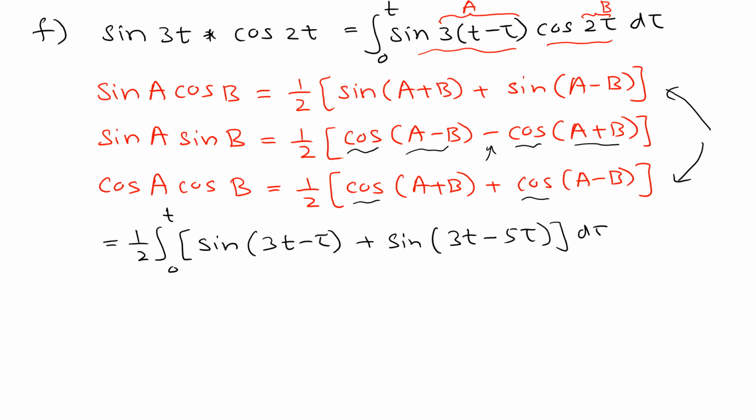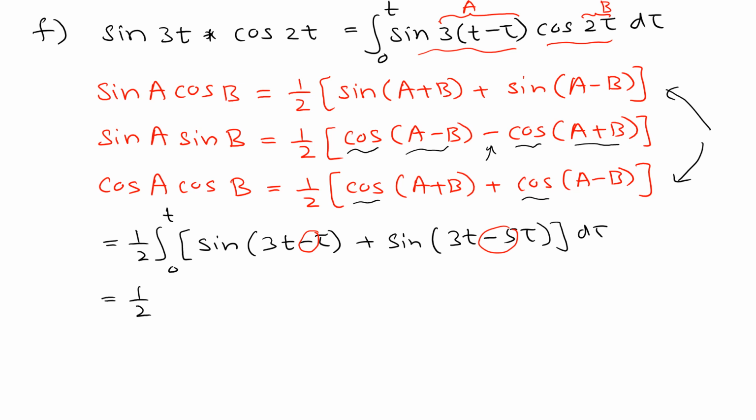Then you're going to integrate these two. How do you integrate this? You can see t acts like a constant, so you only need to divide by the coefficient of tau: in the first one negative 1, in the second one negative 5. See whether you get the same answer.